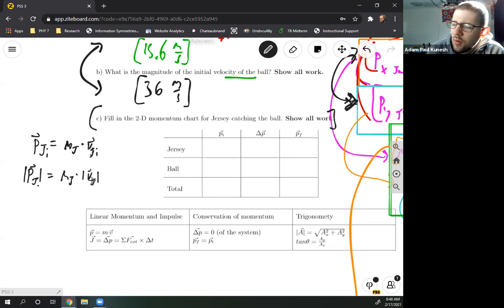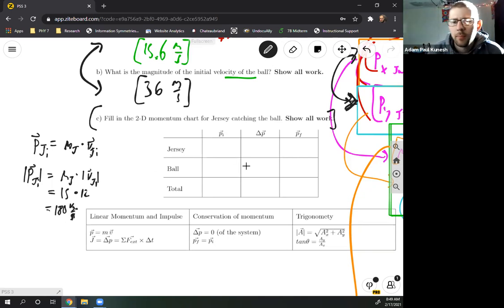So I know the magnitude and the mass, so that's the easiest thing to see. Her mass is 15 kilograms and her initial velocity is 12 meters per second. So 15 times 12, I feel like that should be something I know off the top of my head, but I don't. It's 180. There we go. So the magnitude of initial momentum is 180 kilogram meters per second.